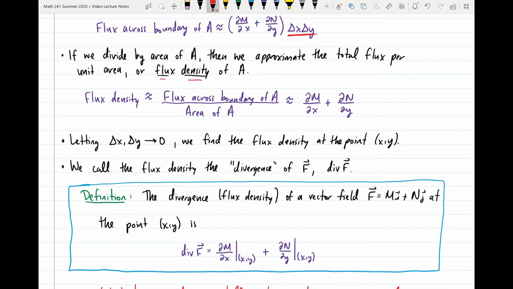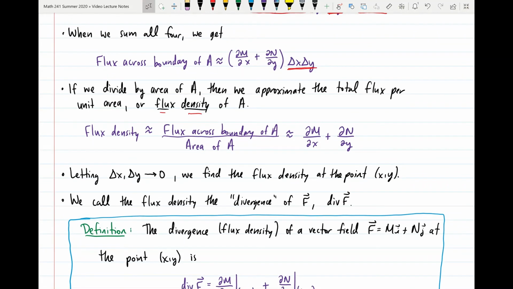So the flux density will then be approximated as the flux across the boundary of A divided by the total area of A, which is approximately the partial derivative of m with respect to x plus the partial derivative of n with respect to y, because the area of A is equal to delta x times delta y.